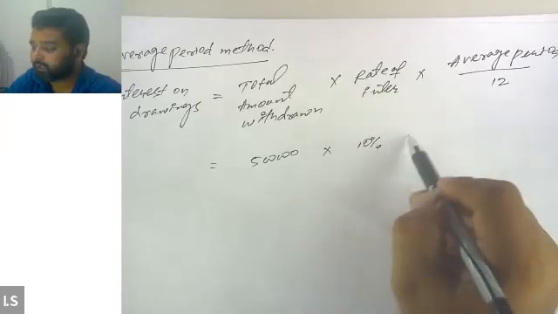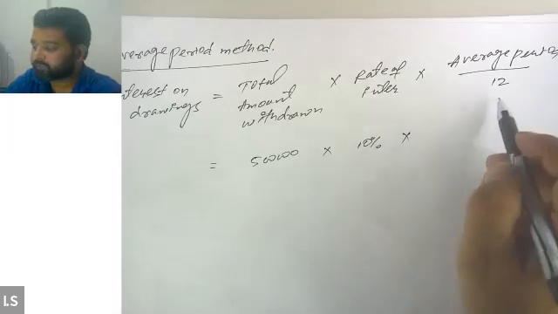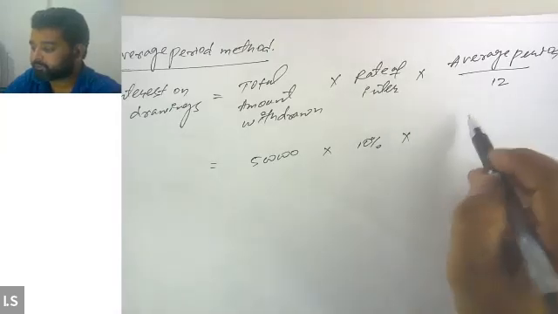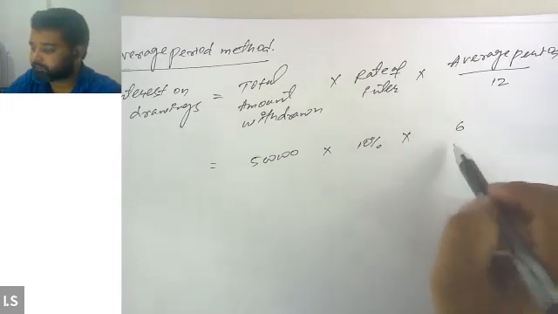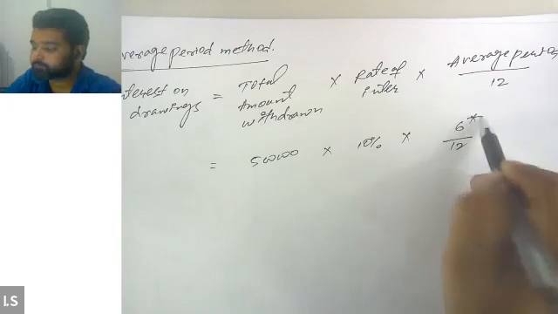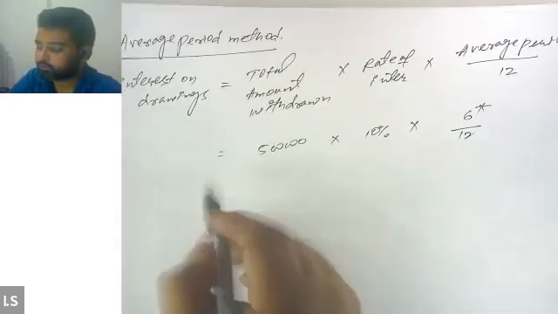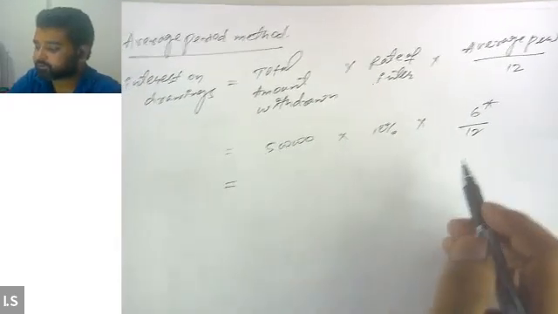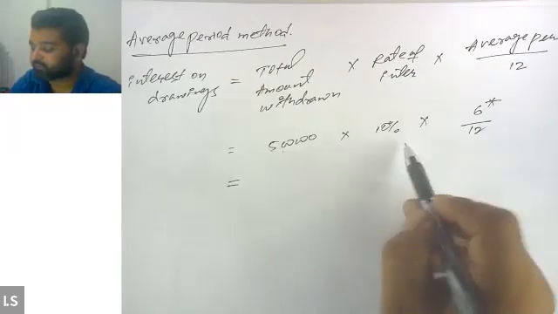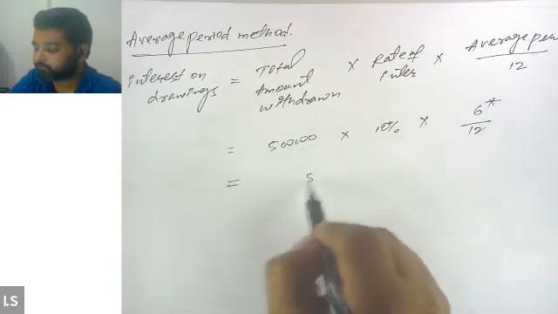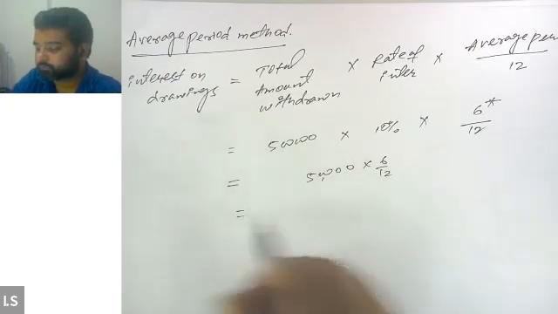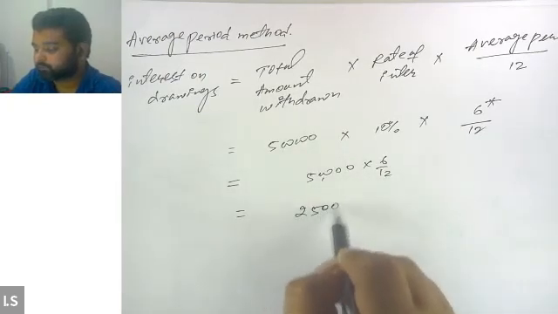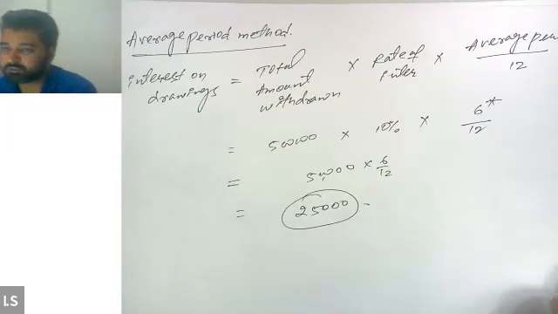Let's also suppose that the average period is 6 divided by 12. So in this example, the interest will be 5 lakh into 10%, which is 50,000, into 6 upon 12. So the interest on drawings will be 25,000.